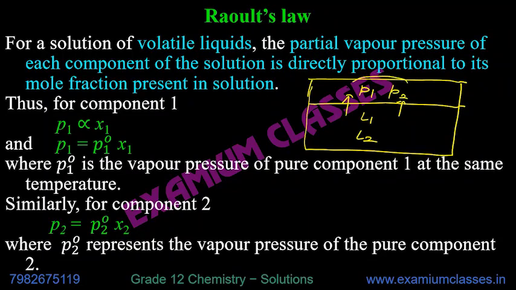Now here total pressure will be P1 plus P2. That's what Dalton said. So when we add these pressures due to both volatile liquids, volatile means they can vaporize, due to vapors of these liquids, the sum of these pressures will be total pressure.